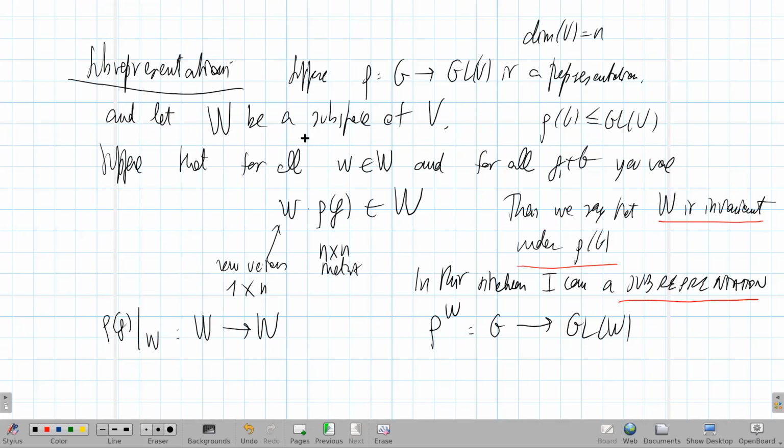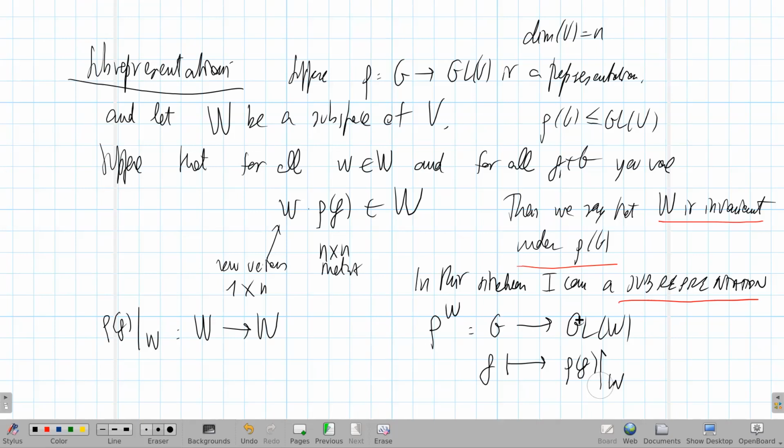And this is exactly the representation that takes g to rho of g, which is, of course, so far an element of GLV, restricted to W, okay? So this is the restriction, rho G restricted to W. And when you restrict it to W, you get a map from W to W, and because the determinants multiply correctly, this will then be an element of GLW.